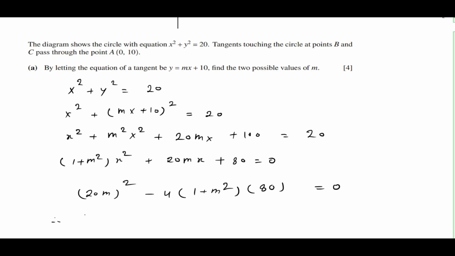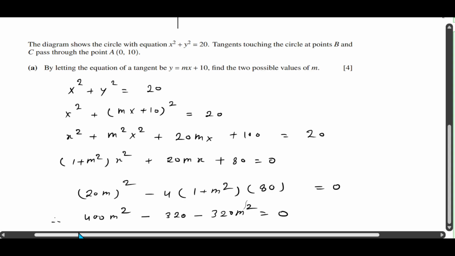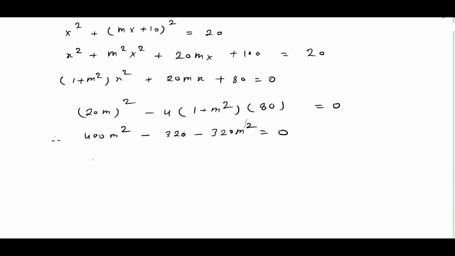So, therefore, here it is 400m² minus 320 minus 320m² should be equal to 0. So, I will say that 400 minus 320 is 80. 80m² − 320 should be equal to 0.